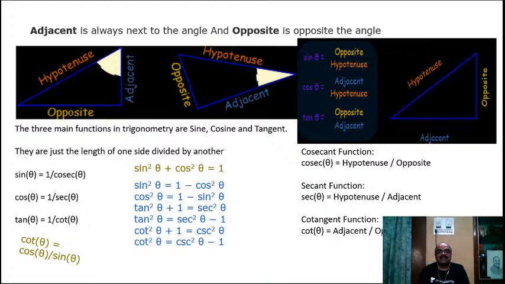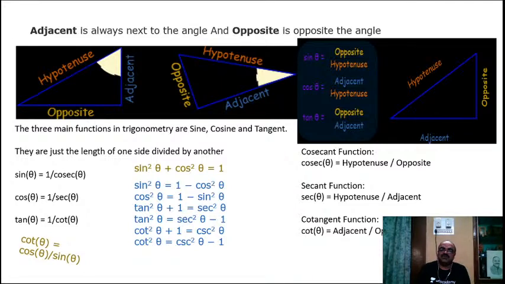Based on these things, 6 trigonometric functions were identified. The major 3 functions are sine, cosine and tangent. The other 3 we call their cofunctions. If I take sin theta, it is opposite divided by hypotenuse.